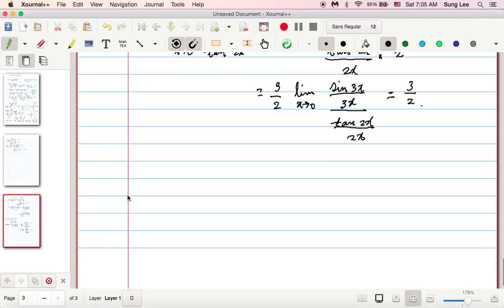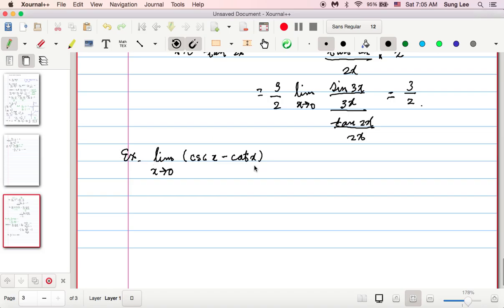Okay, so here's the first one, right? Example. The limit of cosecant x minus cotangent x when x goes to 0.